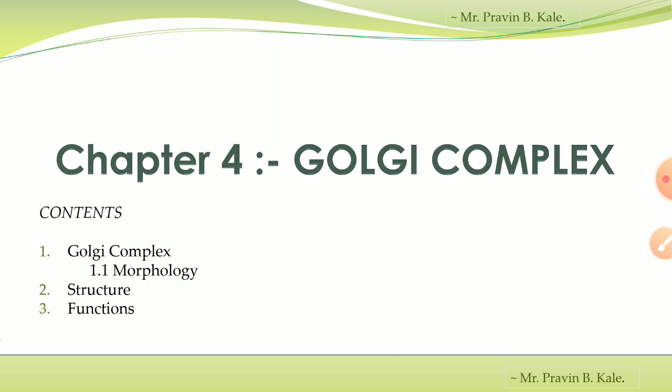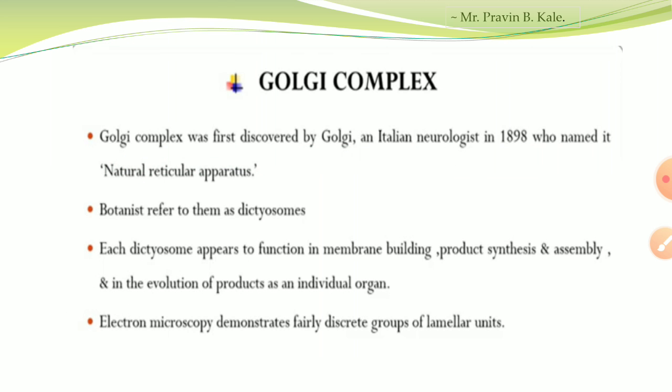So first, Golgi complex. What is Golgi complex? Golgi complex is a cell organelle, and it was discovered by Golgi. Golgi was an Italian neurologist who in 1898 named it the internal reticular apparatus. Then some botanists referred to them as dictyosomes.